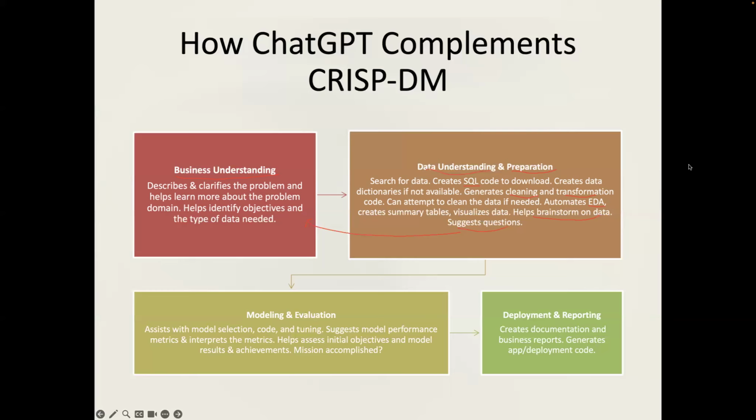It will suggest questions. So this part is the business understanding part. You can go back and forth, just like in the CRISP-DM framework, until everything is clear: you understand the business question, and that the business question can be solved by this particular data set.